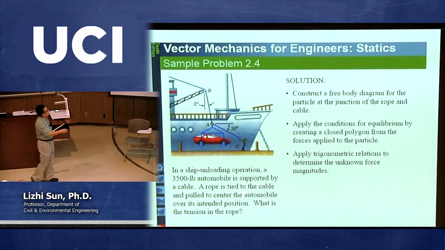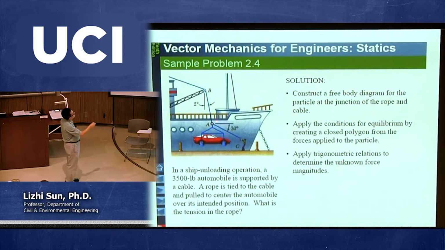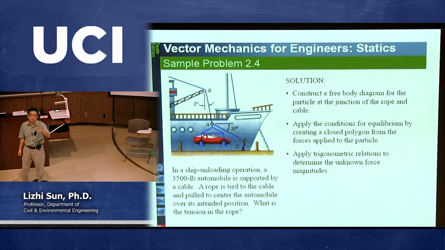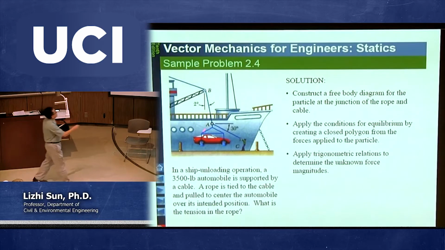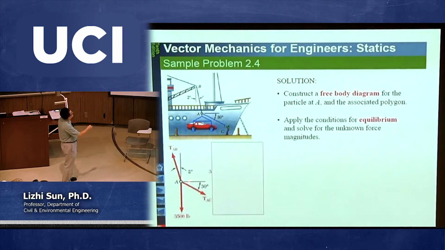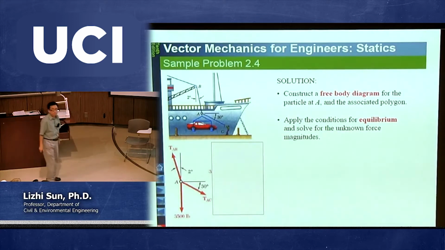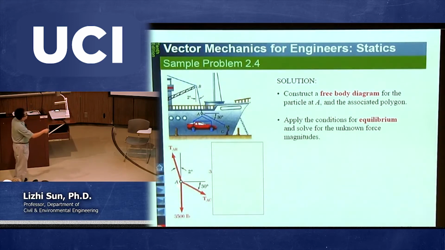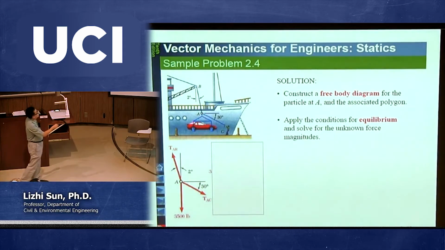Okay? So, if you look at this statement, obviously this is the equilibrium condition problem, and all things are connected with this point A. So number one, we need to draw the free body diagram at this point A. So what you need to do is, number one, you plot point A first. You plot point A here, and then you look around to see this point A is connected to what forces, right?